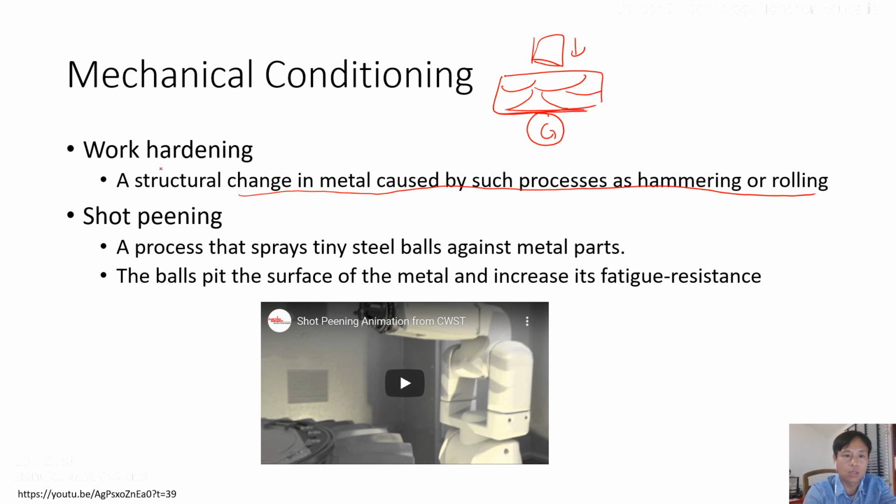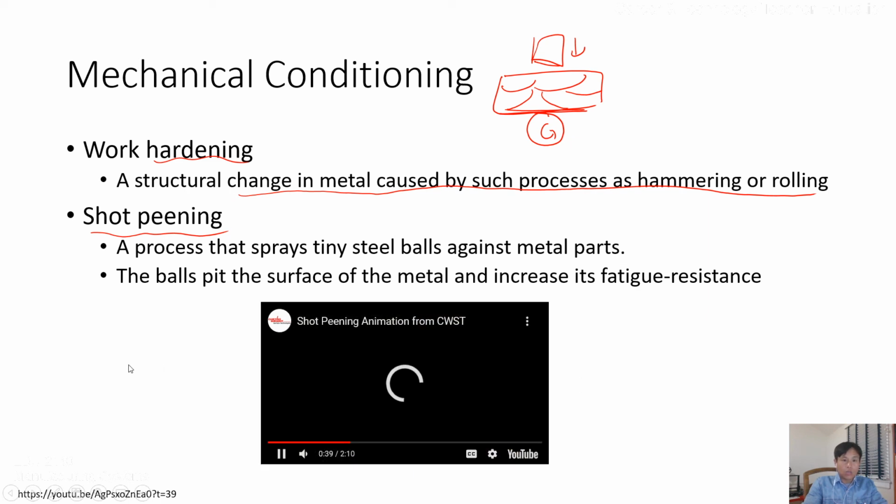So this is hardening. Also, shot peening is a technique that makes the surface or internal structure harder and removes stress in the material. I prepared this video. It shows how shot peening works.